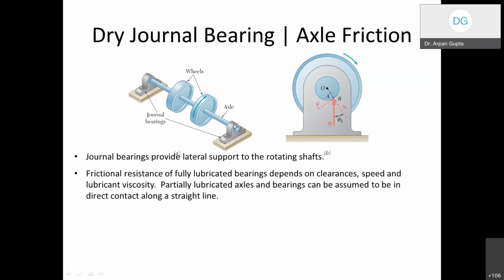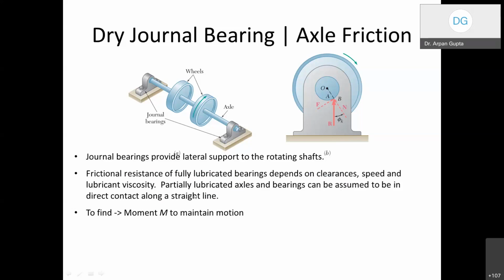Now, the friction resistance of fully lubricated bearings depends on clearance, speed, viscosity of the lubricants, etc. Again, this analysis is beyond the scope of this course. But for partially lubricated axles and bearings, we will assume a direct line contact and do the analysis.